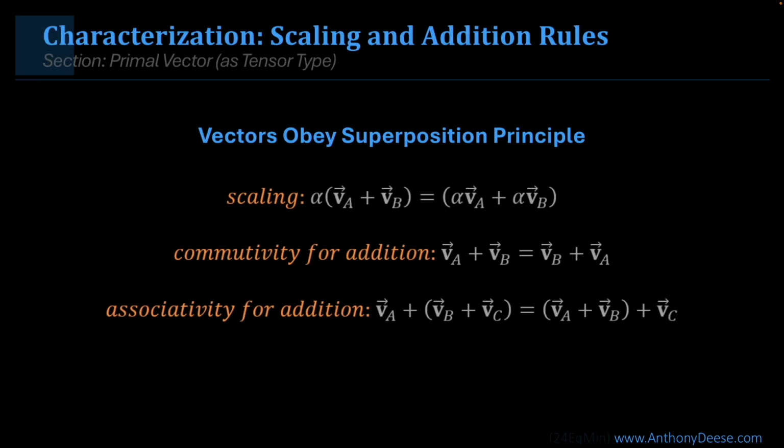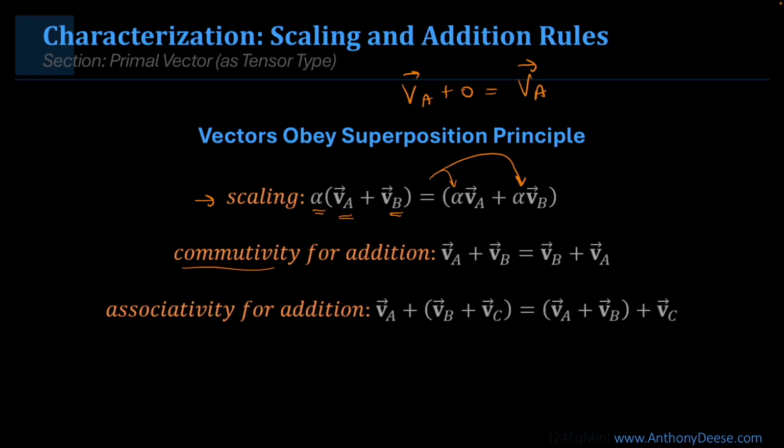So here are some scaling and addition rules associated with a vector. I haven't included them all. For example, VA plus 0 equals VA. I mean, these are what I would consider to be the most fundamental but non-trivial rules. And in general, vectors obey the superposition principle. So what we can see is with respect to scaling, right, you would distribute, if we're applying a coefficient alpha to two vectors, or the sum of two vectors, that would get distributed to both the vectors.